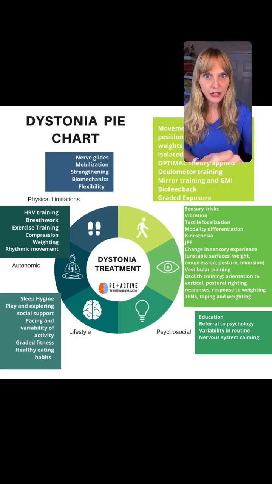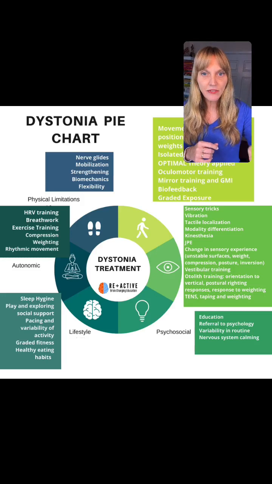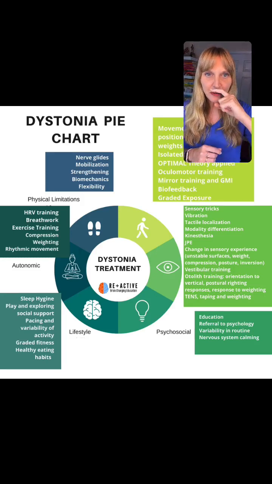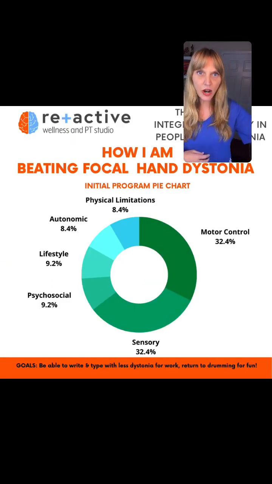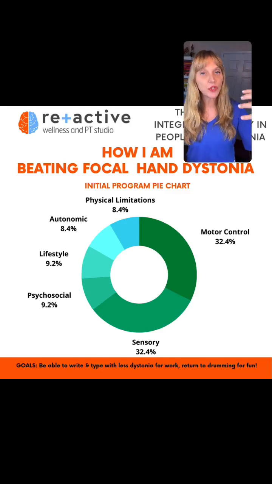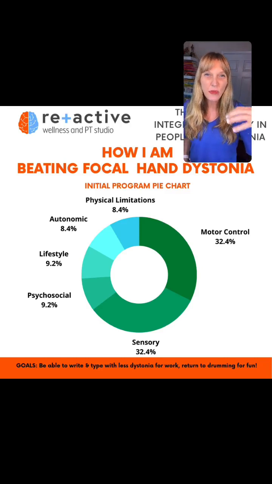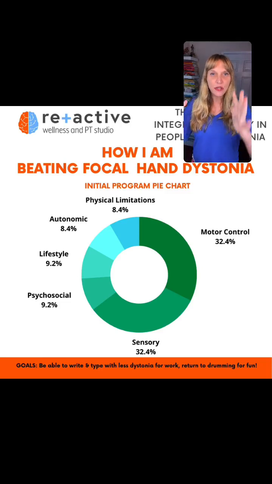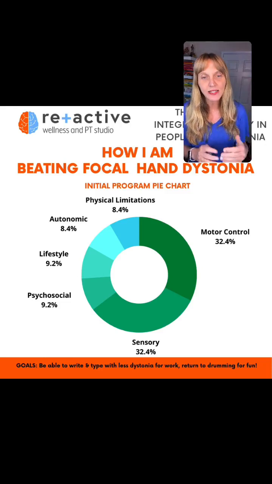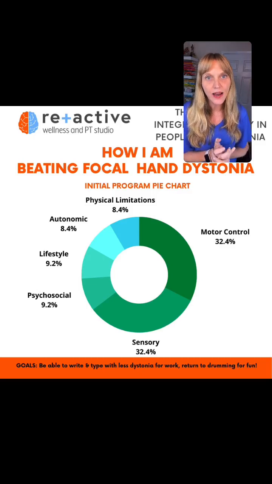So I want to share one piece of this, which I love. So let me share one more picture here. Well, actually, let me share two things. Our team often will create these little case studies to share a little bit about what we do and how we do it. I wanted to show you the pie chart in action. This was for a case of a person who had focal hand dystonia.